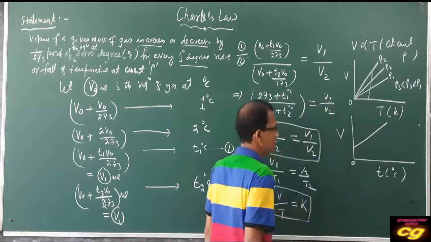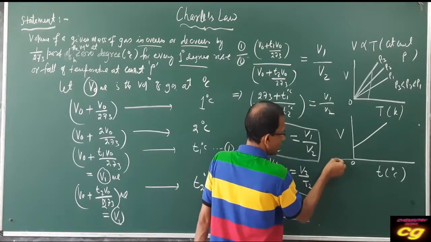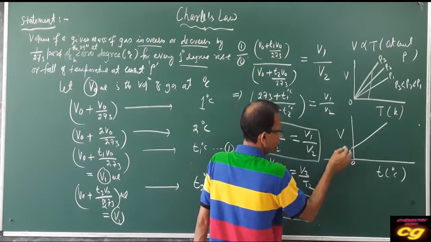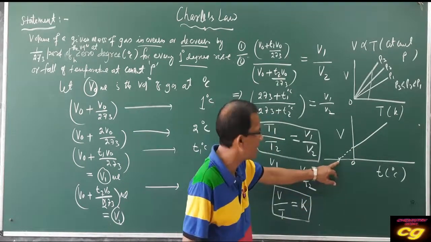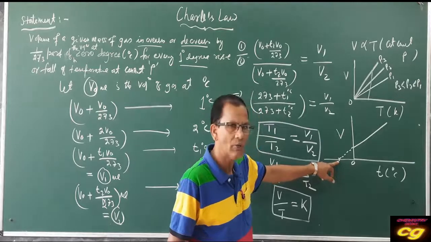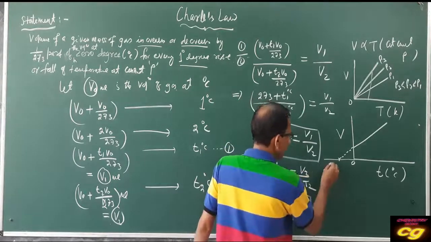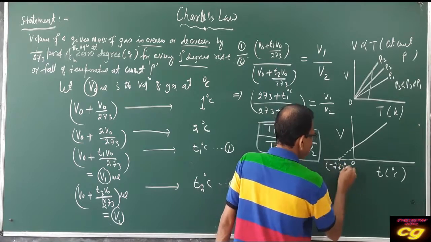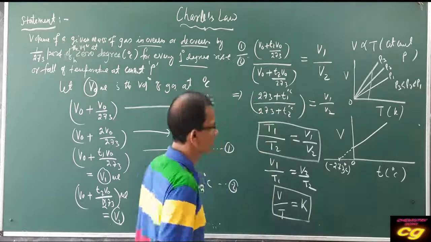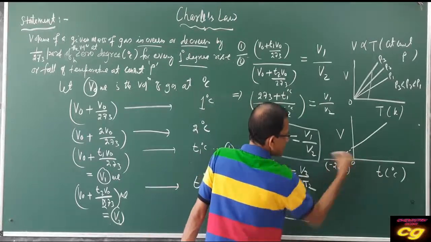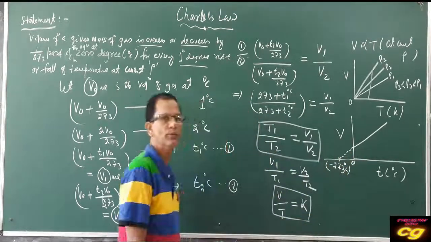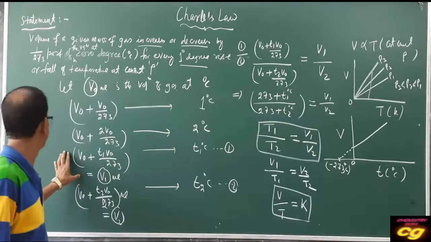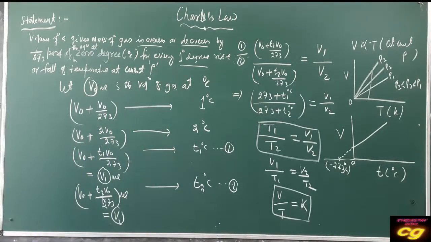If you extrapolate the graph, it will reach a particular point. At this point the volume is 0, but the temperature is how much? The temperature is minus 273 degrees Celsius. This is the temperature at which the volume of the gas is 0.